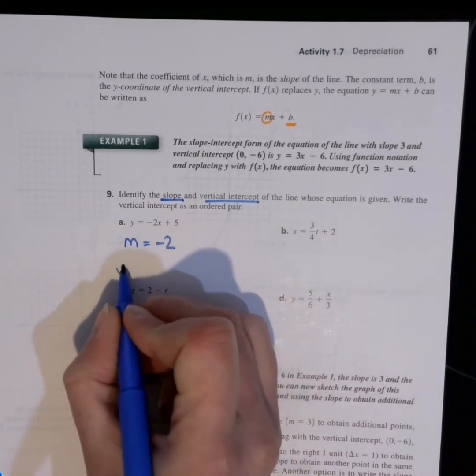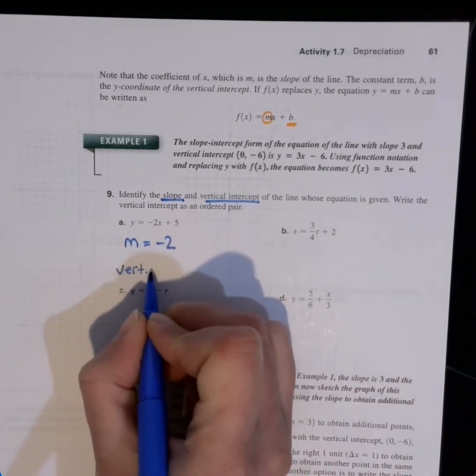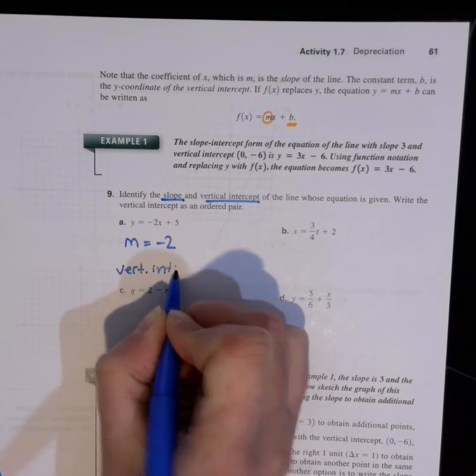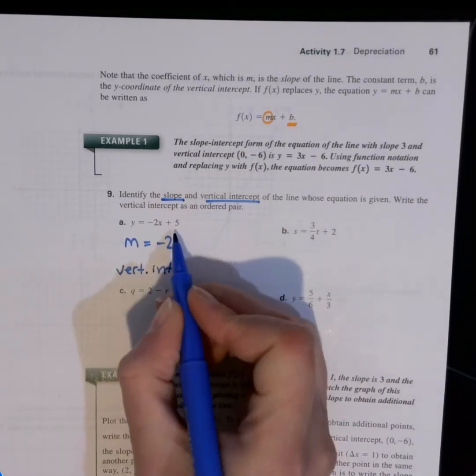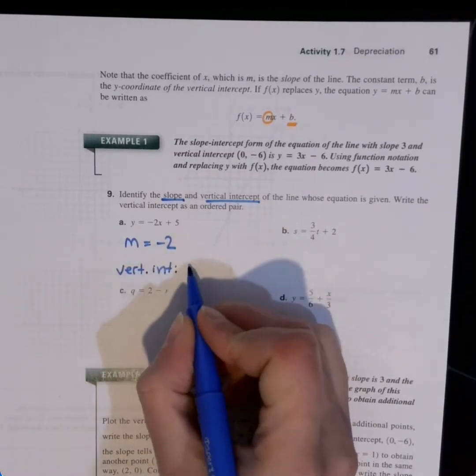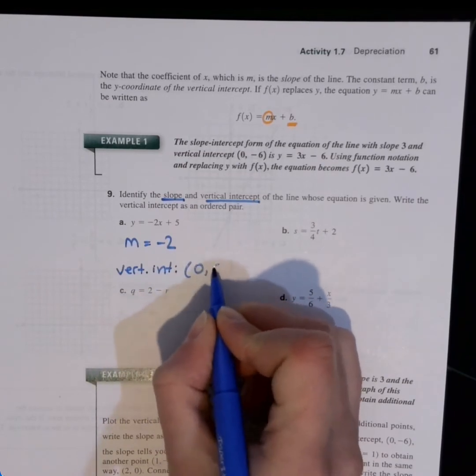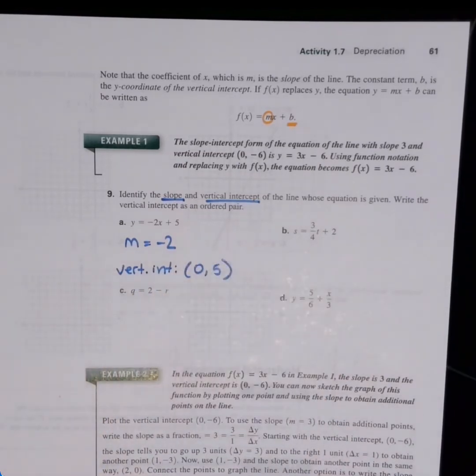And then the vertical intercept. It's going to have 5 in it, but don't forget that an intercept is an ordered pair, so I'm going to write this as (0, 5). 5 is the value that goes into the vertical intercept, but I want to put it in full ordered pair form. The vertical intercept is (0, b), as shown on the previous page, which is (0, 5) in this case.